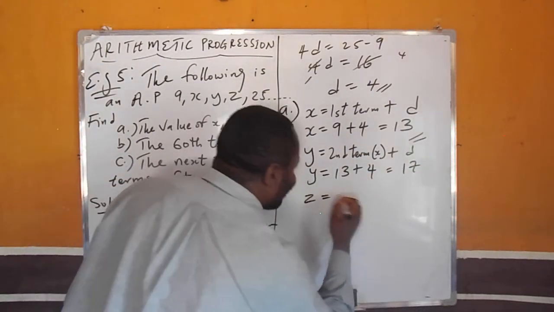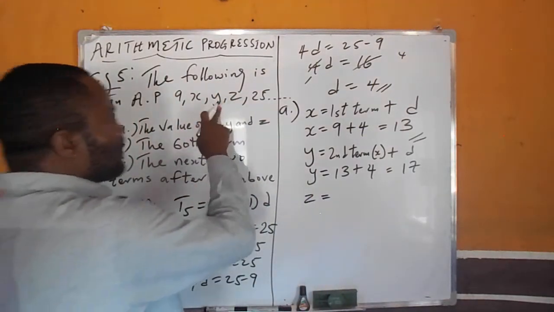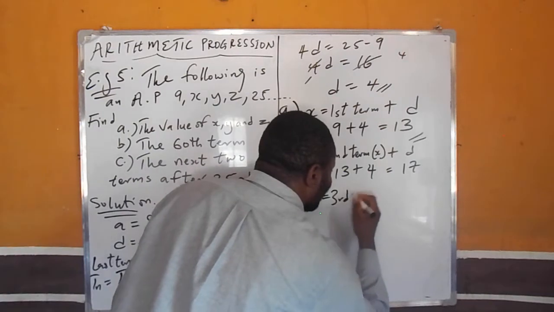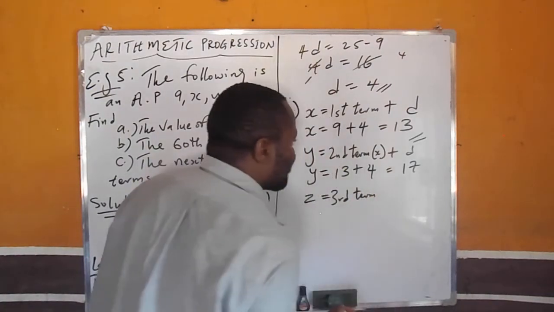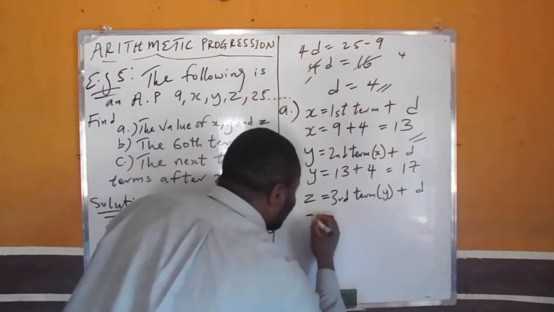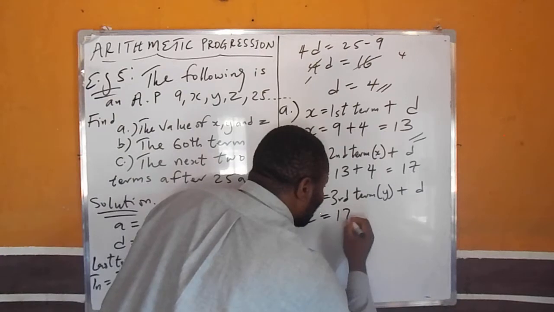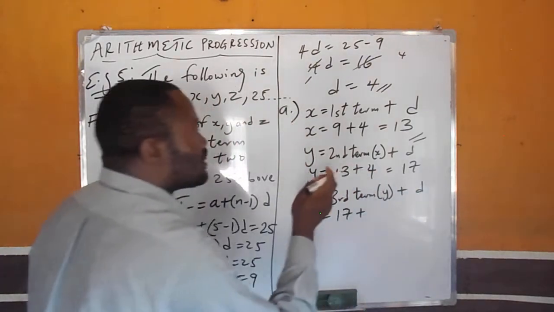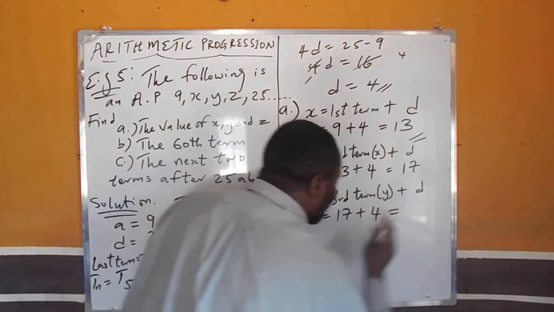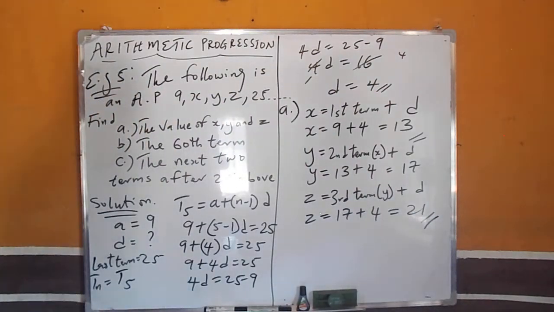Then z equals, this is z here, the fourth term, so we are using the third term, which is y plus D. Z equals third term, y, which is 17, plus D, which is 4, equals 17 plus 4, 21. So that is our answer for A.